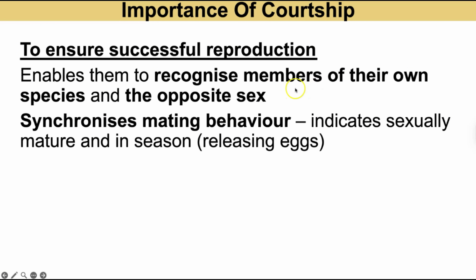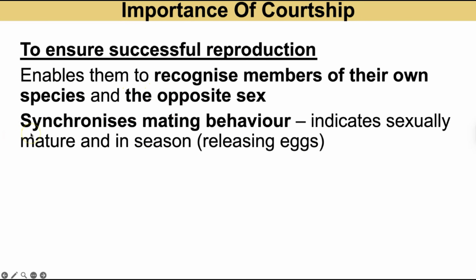Now that sounds fairly obvious and not needed if you're thinking about humans, but for other animals, they do rely on this to make sure they are the member of the same species before they reproduce. Secondly, in order to be able to make offspring, they'd need to be mating with a member of the opposite sex. So that's the first two things that courtship helps animals to do. Recognise members of the same species, recognise the opposite sex.